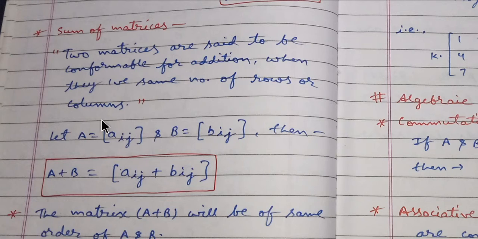For example, let A be Aij and B be Bij. Then when we add these two matrices, A plus B will be Aij plus Bij.